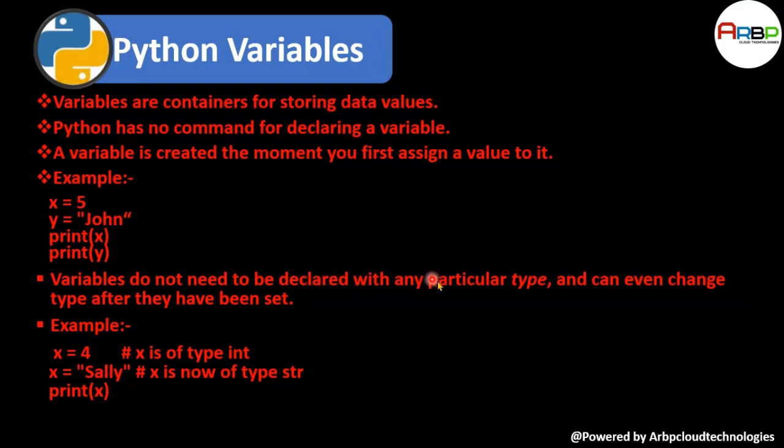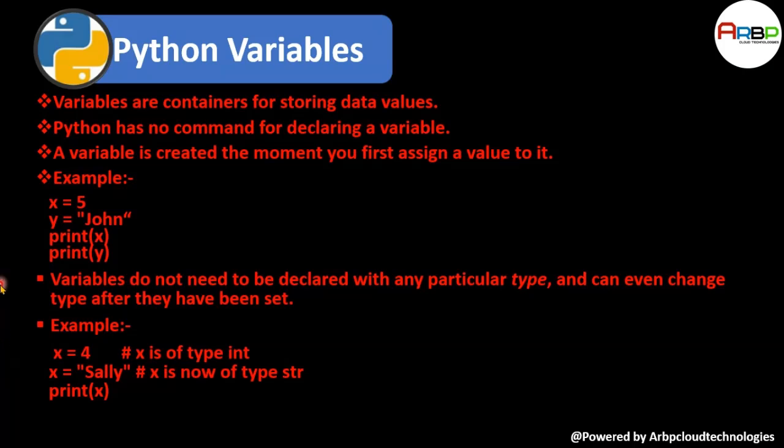Variables do not need to be declared with any particular type and can even change type after they have been set. Like if I have defined a variable x and its value is a string, I can again define the variable x and change it to an integer, float, or boolean value. Any data type.